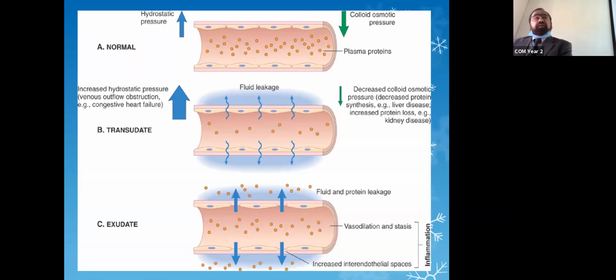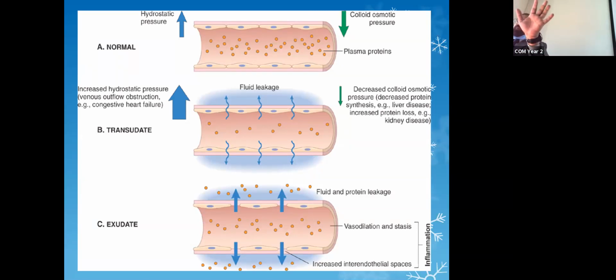We'll discuss transudate first. As we said, either there is increased hydrostatic pressure or there is decreased osmotic pressure. For example, in venous outlet obstruction or congestive heart failure, there will be an increase in hydrostatic pressure, so more fluid will go out.